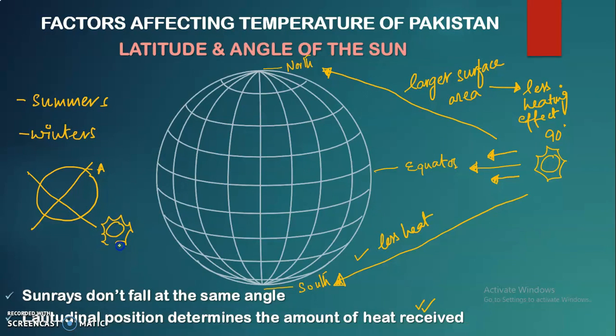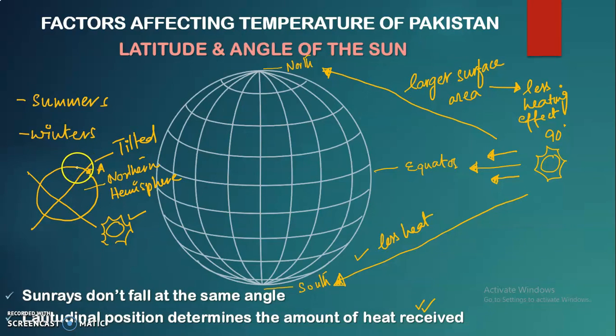Now when we talk about summers, during summers, the northern hemisphere, and we know that Pakistan is located in the northern hemisphere, which is above the Tropic of Cancer, is more tilted towards the sun. How? This portion above the equator is called the northern hemisphere. Now this portion, as you could see from point A, is more tilted towards the sun, right? So just because of this reason, the sun would have direct rays towards point A.